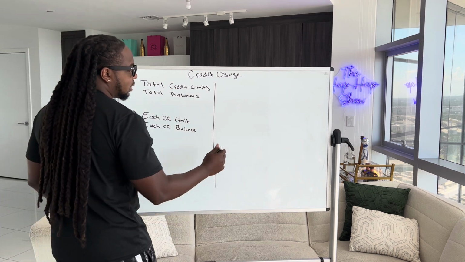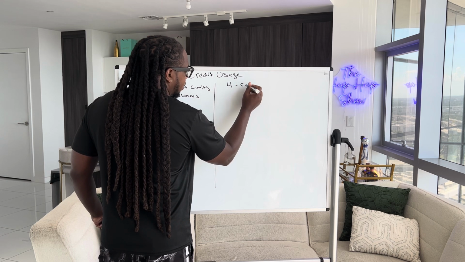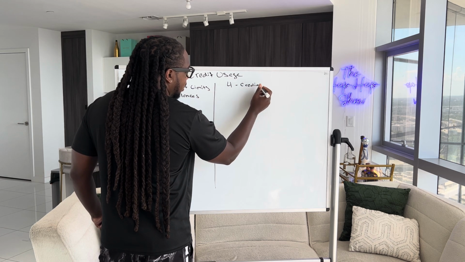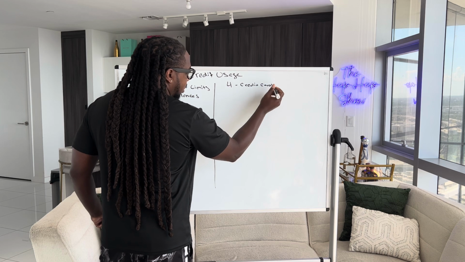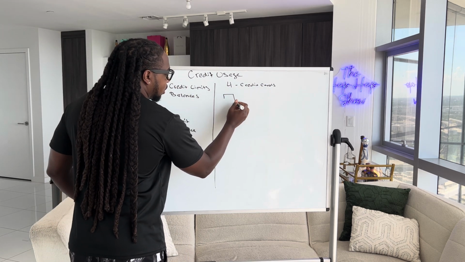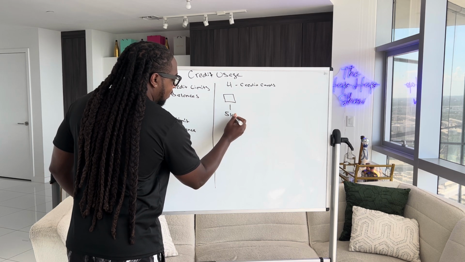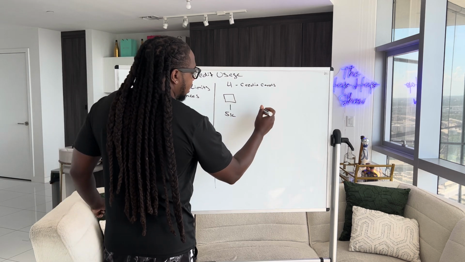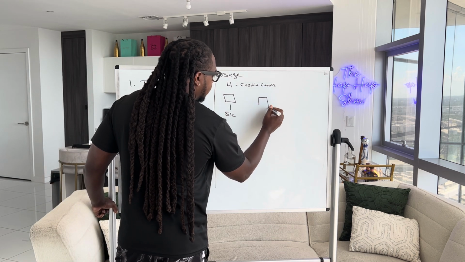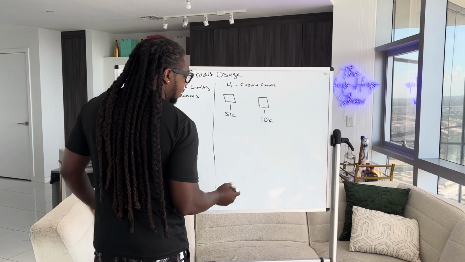All right, so let's just say you have 4 credit cards, and I'm using this for an example. Let's say one credit card has a limit of $5K. Let's say you have another credit card that has a limit of $10K.